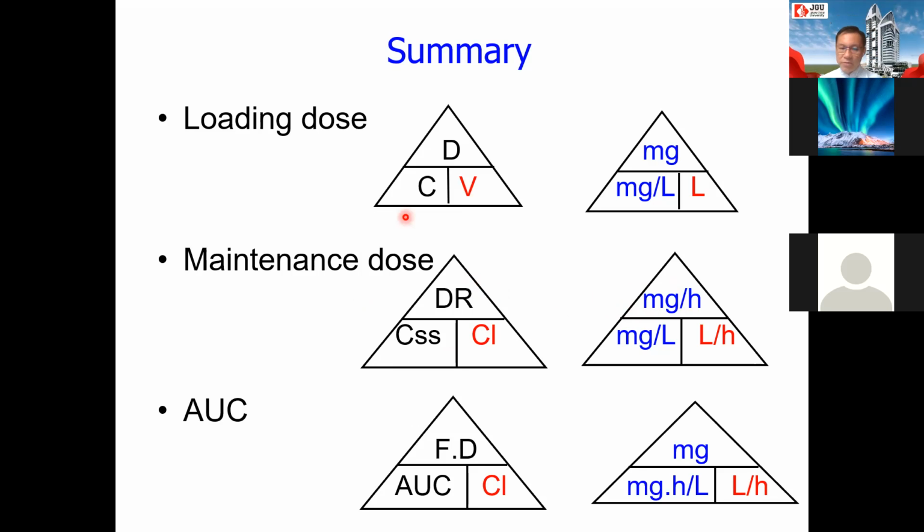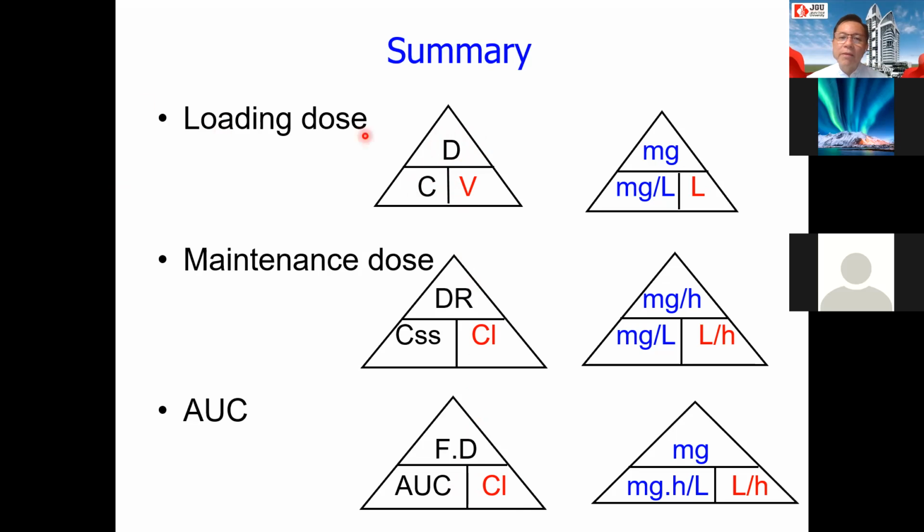AUC is equal to F times dose, because it's amount. Dose is equal to AUC times clearance. Or the dose is equal to concentration times V.